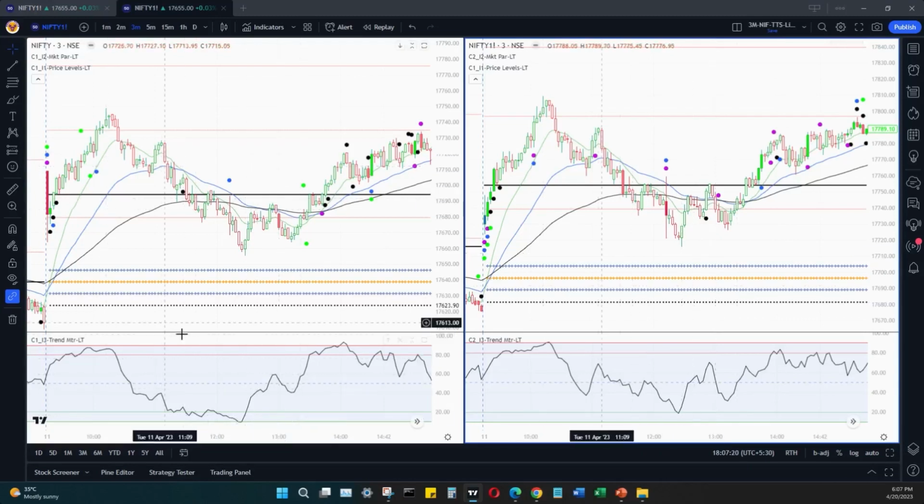We discussed a lot in the webinar about these three indicators, how significant they are, and what kind of signals we can expect at what times. We also talk about the pre-market checks that we do, and the checks we do after the market opens. For the first 30 to 45 minutes, we simply observe the market. Regardless of what kind of move it makes, we do not enter any trades until 9:45 or 10 o'clock.